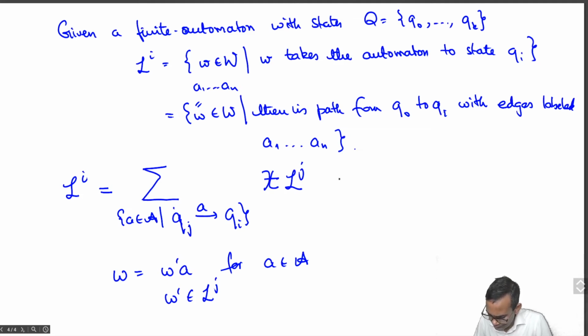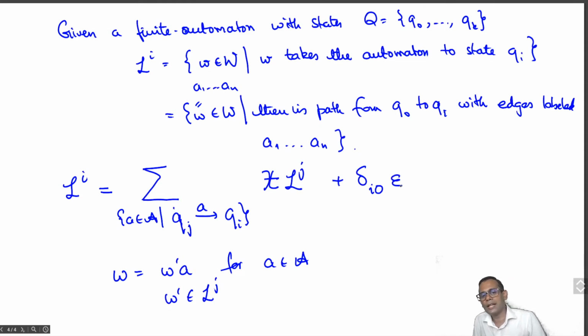Of course, there's one exception. You could just be at the empty state. So you have delta i0: if i is 0, that means the language corresponding to the initial state, then the empty word leaves you at the initial state.